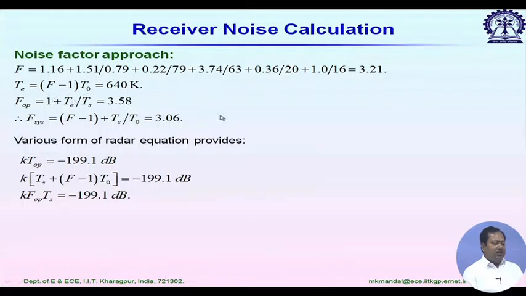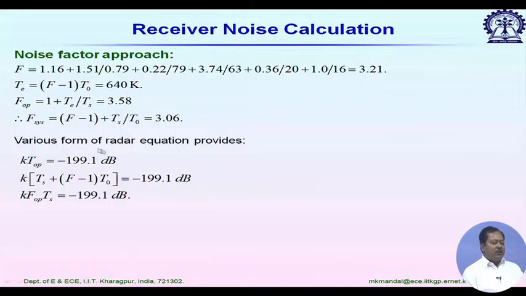From this, if I calculate TE using the previous formula, (F minus 1) into T naught, it is equal to 640 Kelvin. So F operating is 1 plus TE by TS. Putting TE equal to 640 and TS as 248, it comes to 3.58. So F system for the given temperatures, (F minus 1) plus TS by T naught, comes to 3.06.